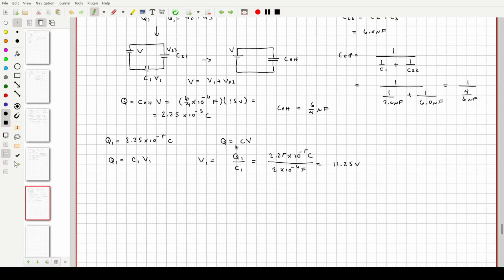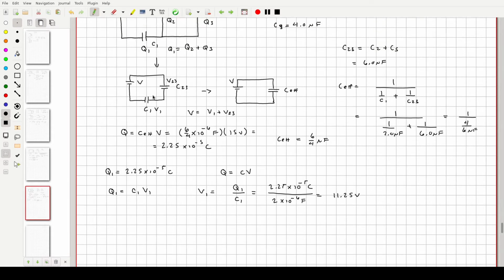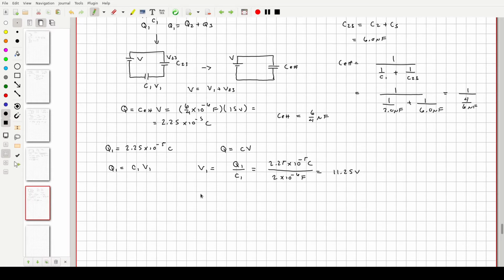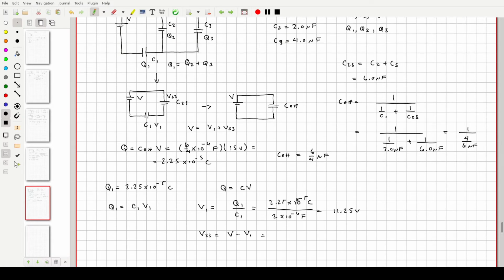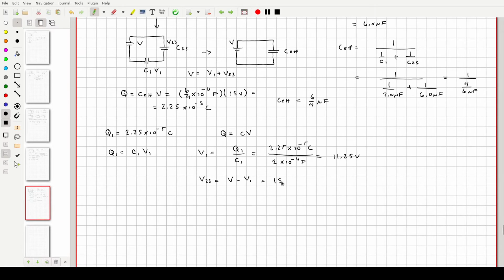So we know in a series circuit that this voltage here plus this voltage here equals this voltage here, which means we can immediately find V23. That's going to be the total voltage minus whatever V1 is, which is 15 volts minus 11.25 volts, or 3.75 volts.